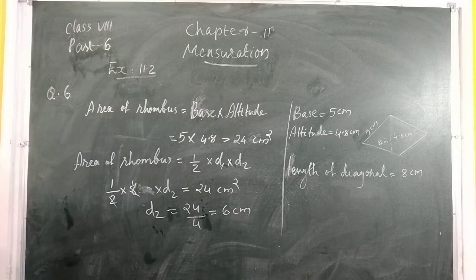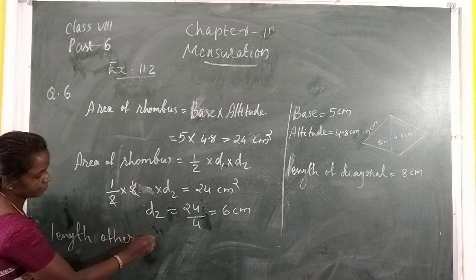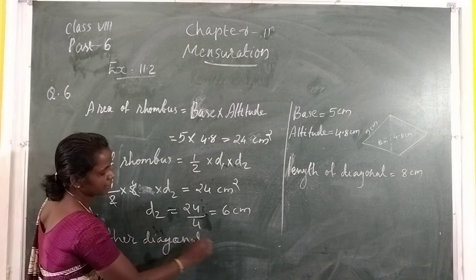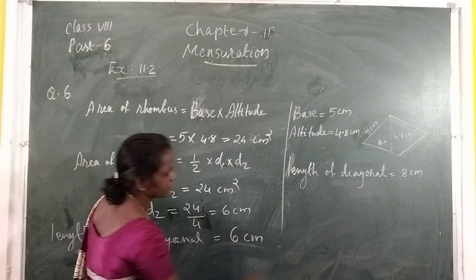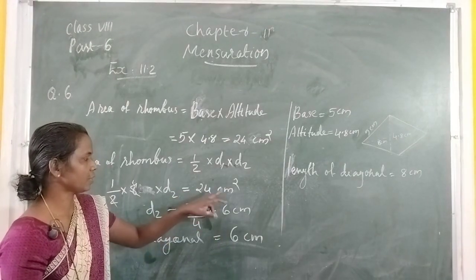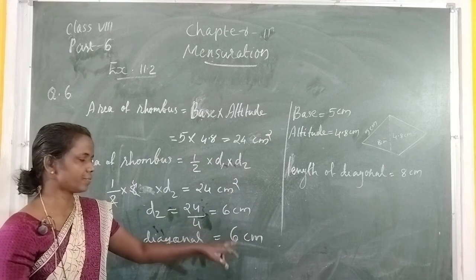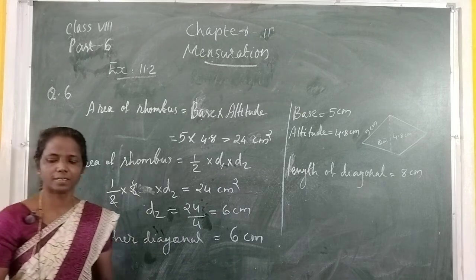So the length of the other diagonal is equal to 6 centimeter. The length of one diagonal is how many? 8 centimeter. So the other diagonal we found is 6 centimeter. Is it clear? The next question.